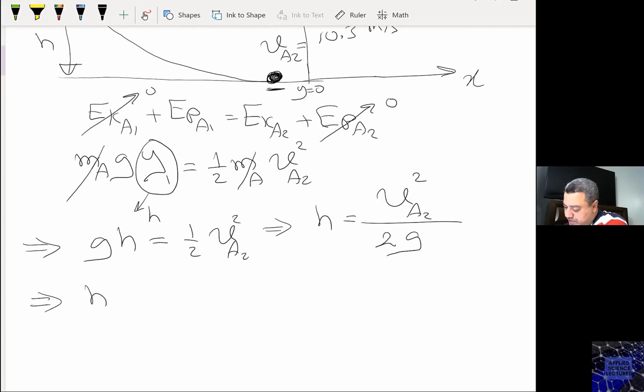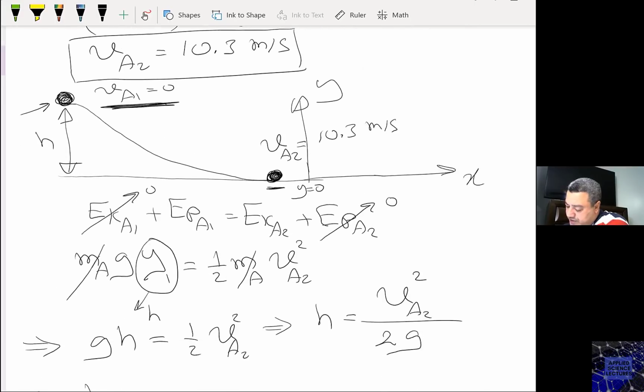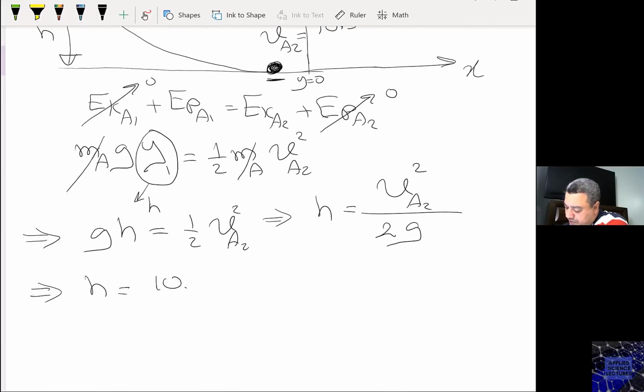VA2 squared is 10.3 squared divided by 2 times 9.8, and H is 5.4 meters.